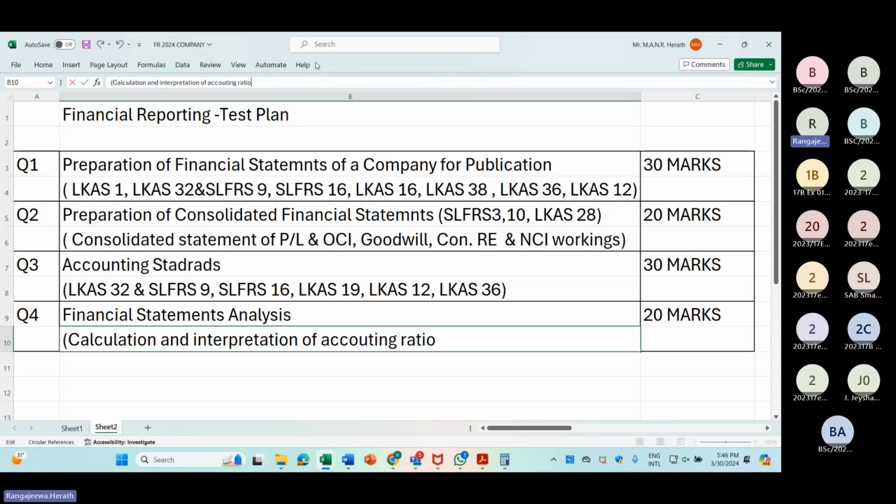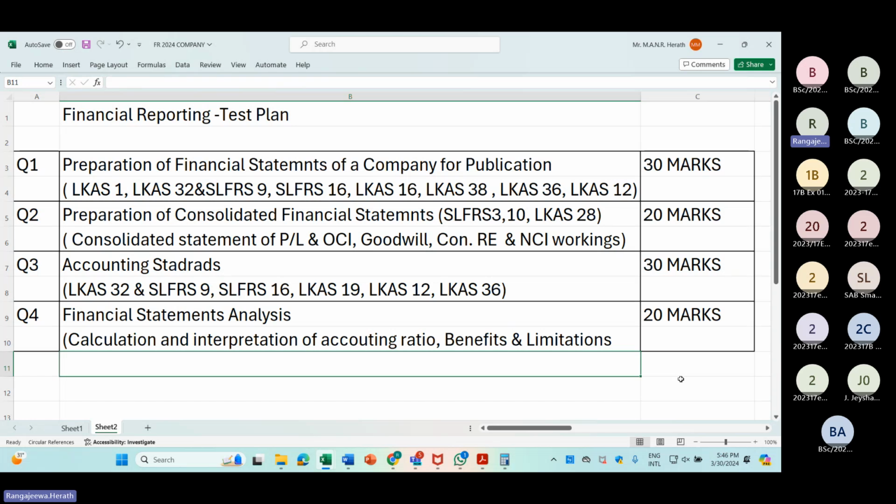So you will be tested on one question, calculation and interpretation of accounting ratios and the benefits and limitations of these ratios. Right, so you'll be tested on 4 questions covering 100 marks. Answer all questions.